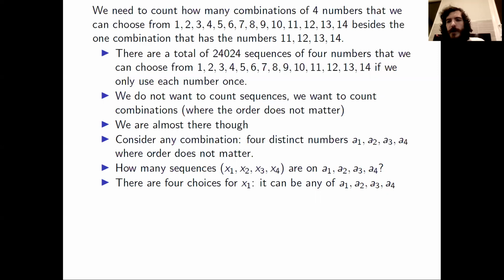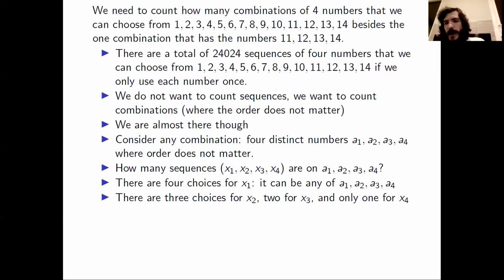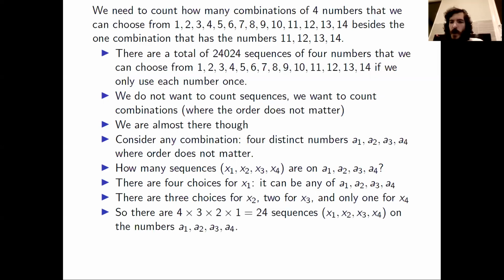It can be any of the numbers A1, A2, A3, or A4. We have 3 choices for x2 because we can't use the choice that we made for x1. We have 2 choices for x3, and we have 1 choice for x4. In total, we find that there are 4 times 3 times 2 times 1, which is 24 sequences x1, x2, x3, x4 that are on the numbers A1, A2, A3, A4.